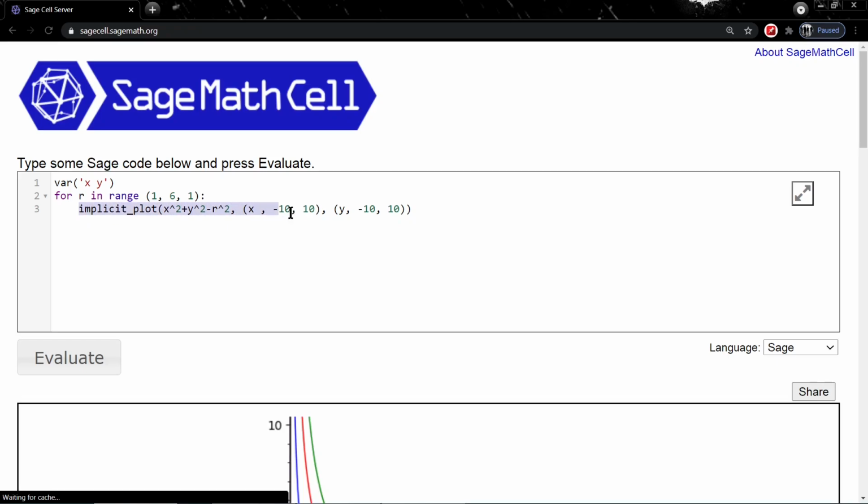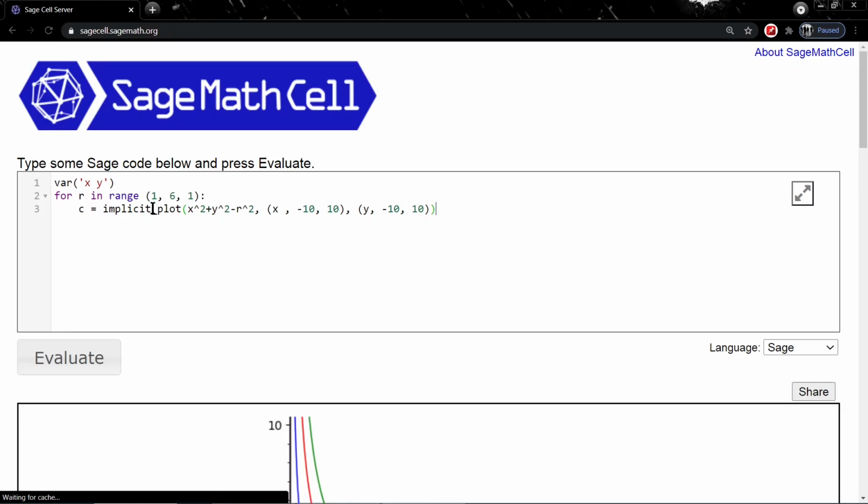Now we want to save all the values of r in a variable, so that at the end we will be able to plot all the graphs at a time. So we will write C for circle. Now the value C holds the plot x square plus y square minus r square for various values of r in each iteration.